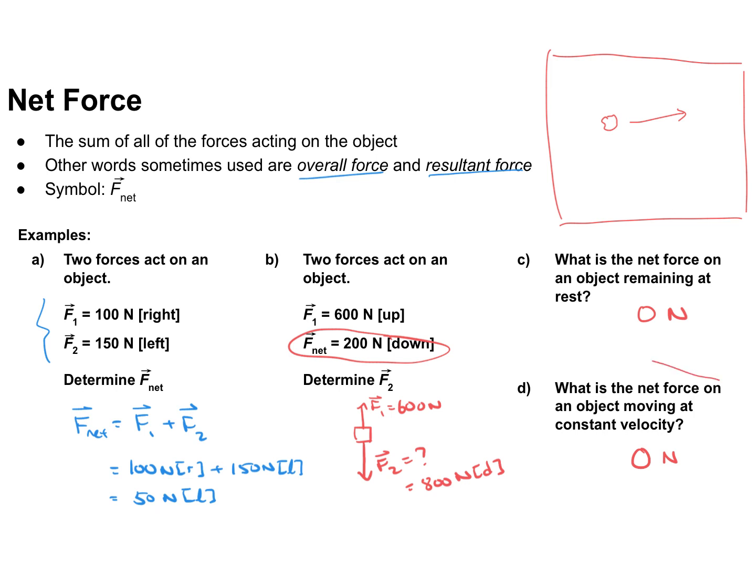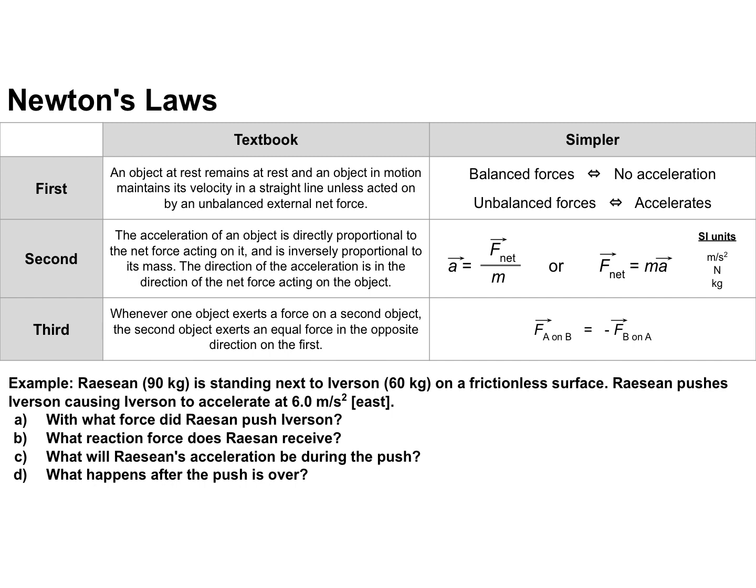This is a really important concept to understand: if something is moving at a constant velocity, then the net force is equal to 0. It's one of Newton's main laws. So here are the 3 laws.